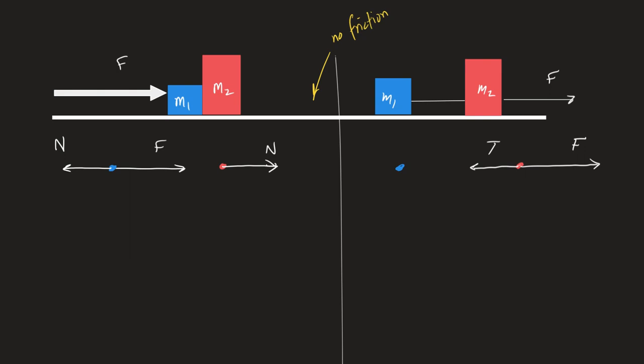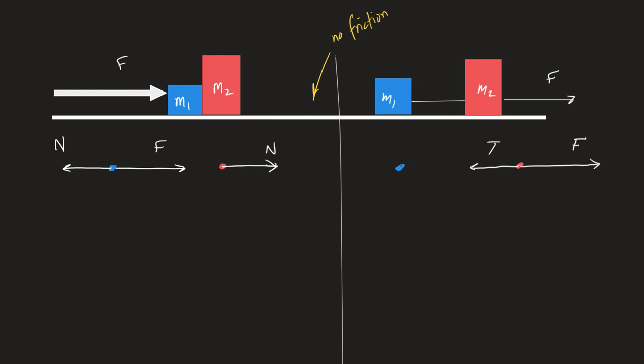Now, this statement is a statement I've made before, but I'm going to reiterate it. In a string, the tension is the same everywhere in the string. That's more or less true first semester. It's going to stop being true second semester, but it's true first semester.